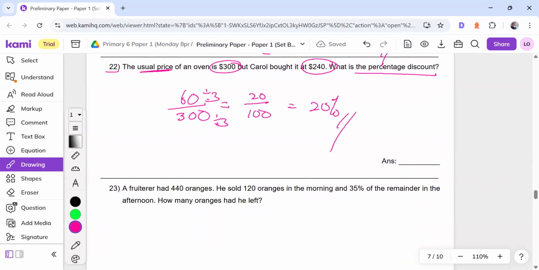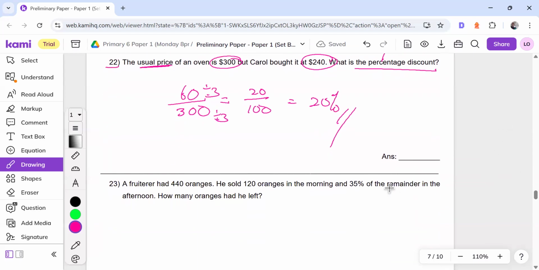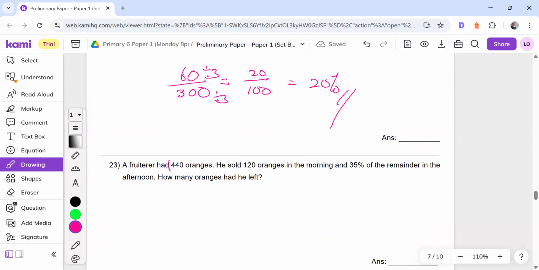Question 23. If you're confused with the percentage with the remainder, this is how you do. Fruiterer had 440 oranges. He sold 120 in the morning and 35% of the remainder. What is 35% talking about? Look at what's behind the of. The remainder. Go and find how many is the remainder. 440 minus 120, get the remainder, which is 320, and put on top.